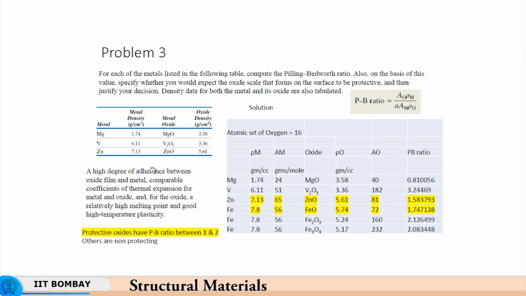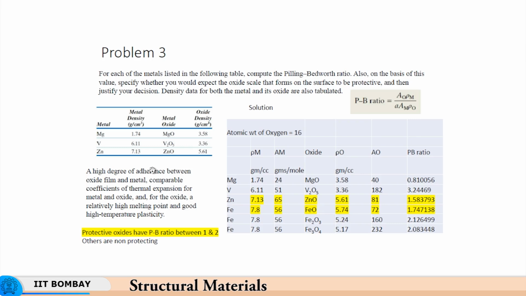Similarly, V2O5, vanadium pentoxide: 2 atoms of vanadium, 51 into 2, plus 16 into 5, that is 80, which gives us 182 as the atomic weight of vanadium pentoxide, right. Similarly, for zinc oxide we have 81, FeO has 72, Fe2O3 160, Fe3O4 232.